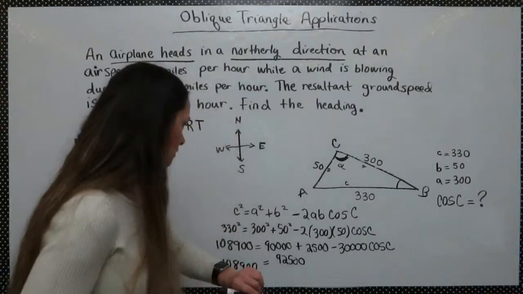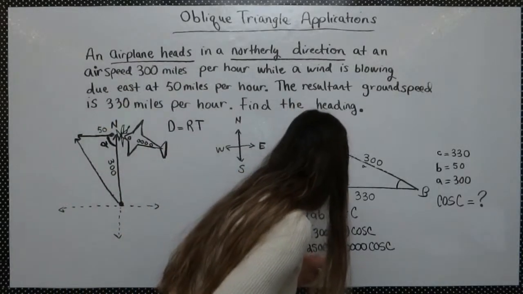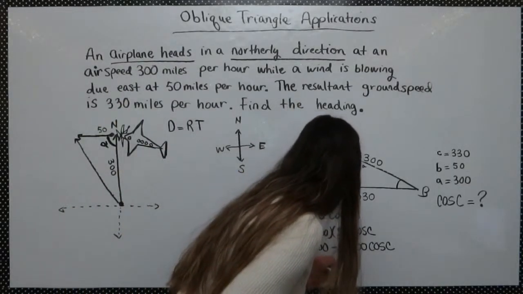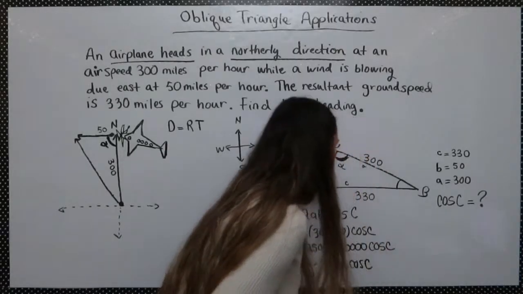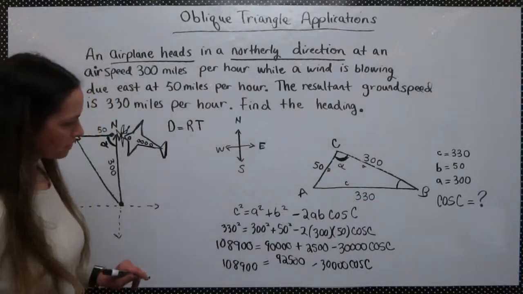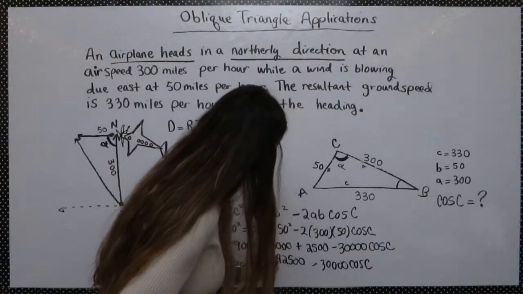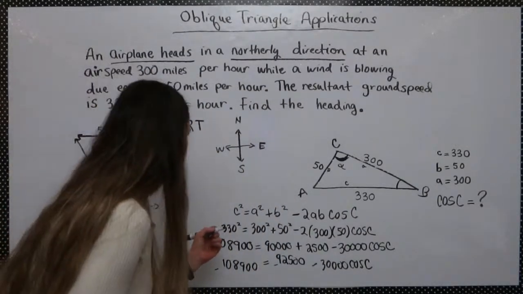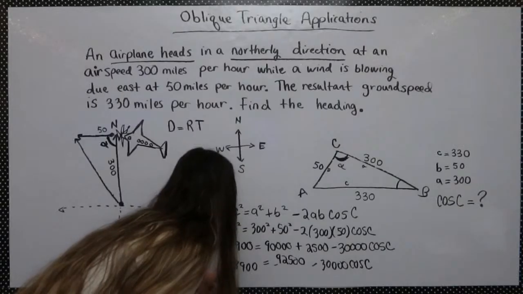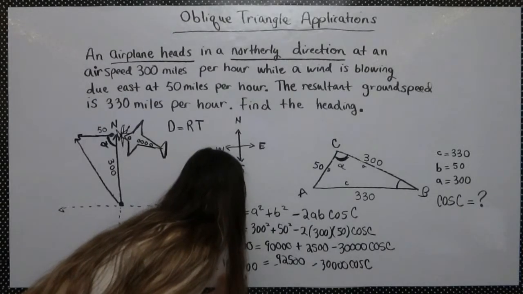All right, so I have minus 30,000 times the cosine of C. We're going to subtract this value from both sides. So I've got 92,500.